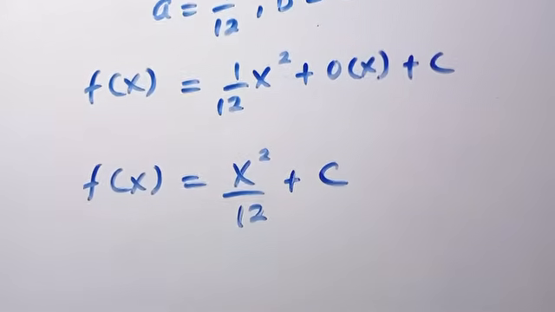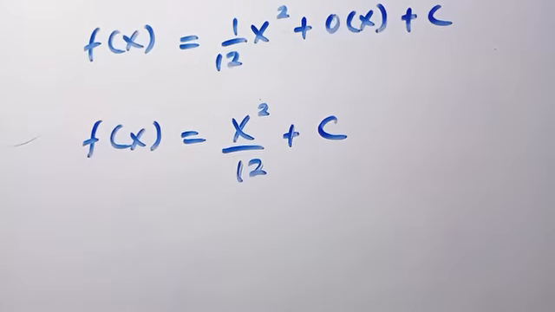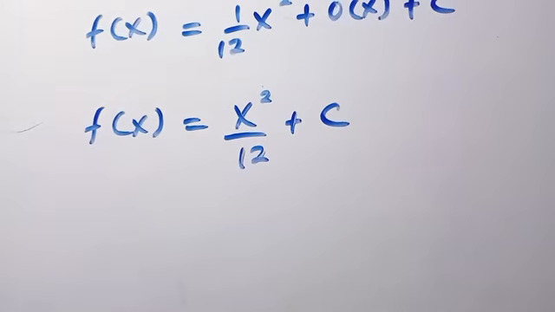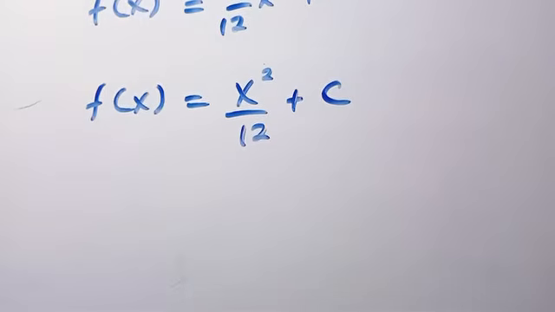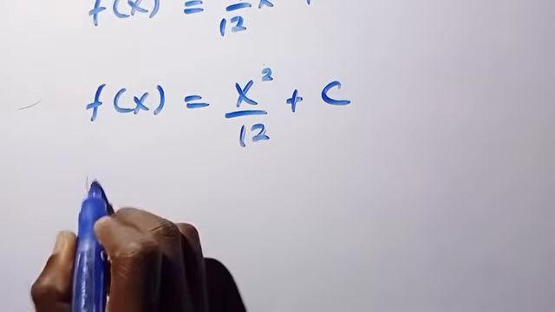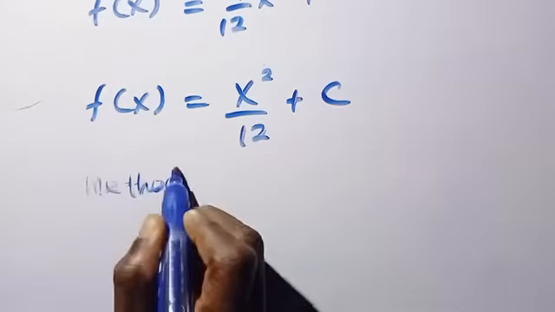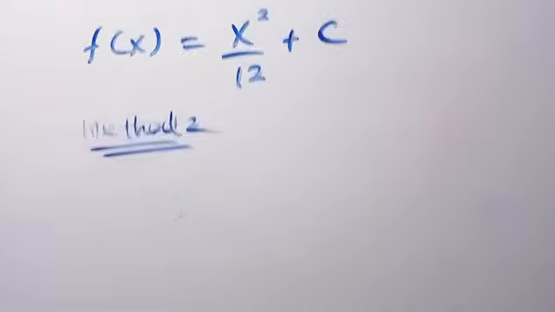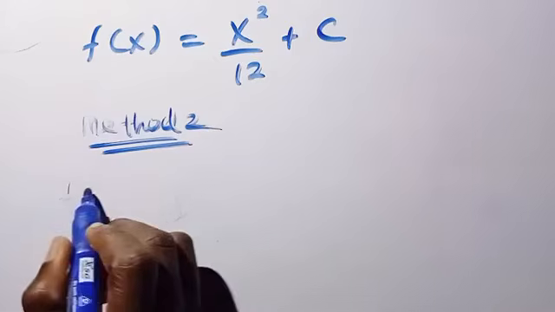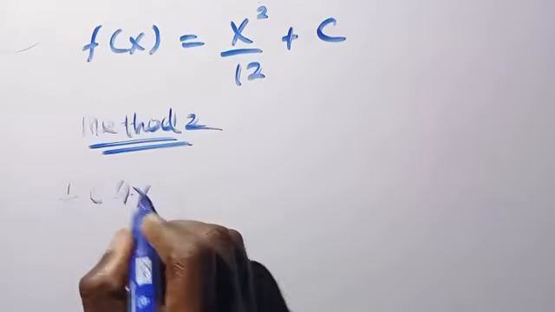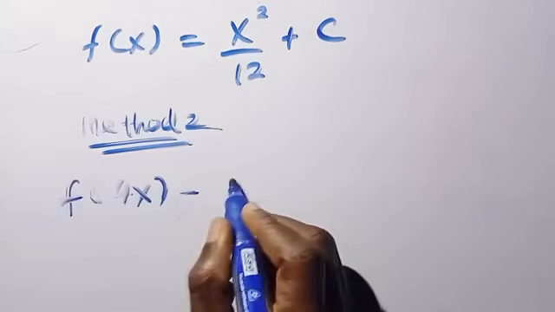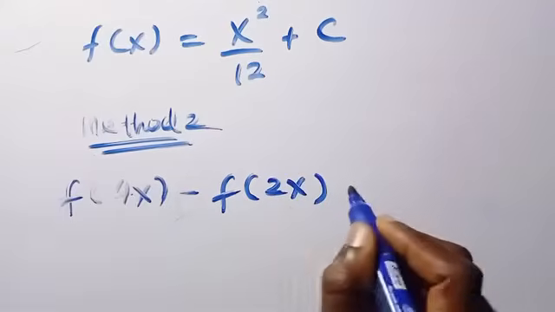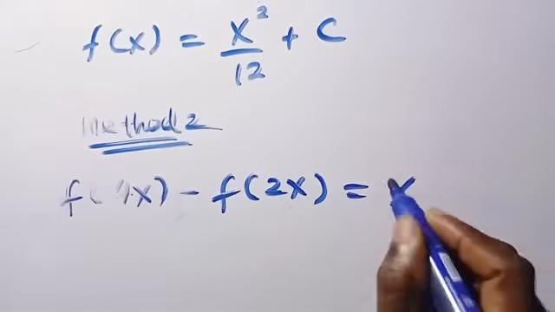But to be more robust on these functional equations, let's consider another method to make it a general form. So let's start iterating. Calling this method 2, which is related to the first method, we have f of 4x minus f of 2x equals x squared.